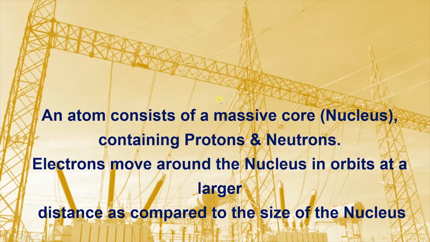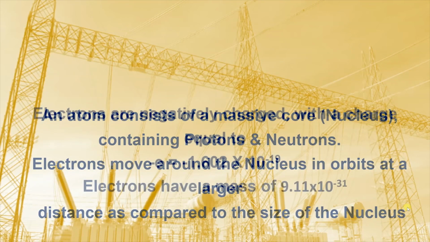So we have seen that an atom consists of a massive core nucleus in the center containing protons and neutrons. Electrons move around the nucleus in orbits at larger distances as compared to the size of the nucleus.